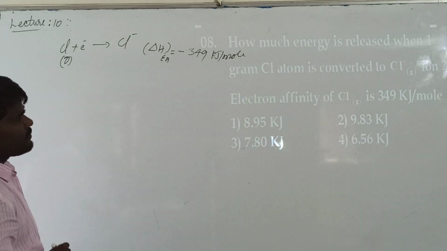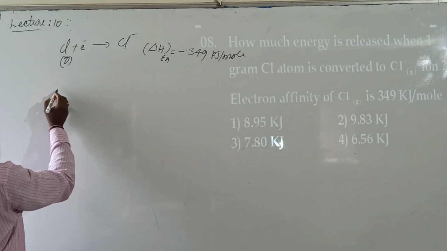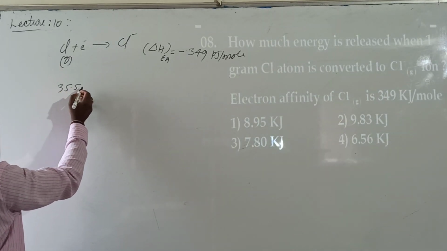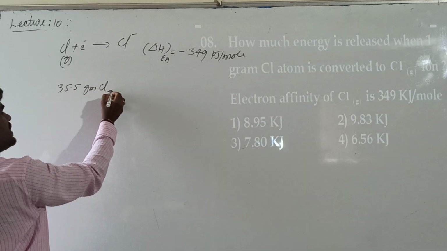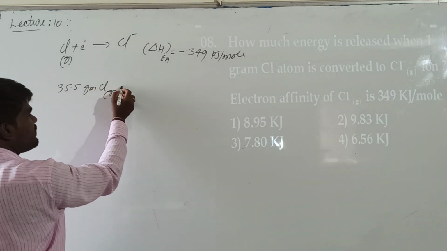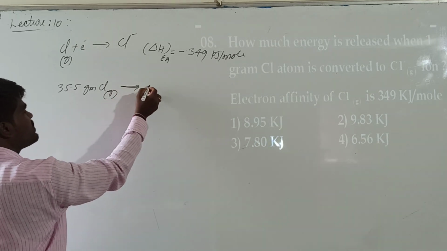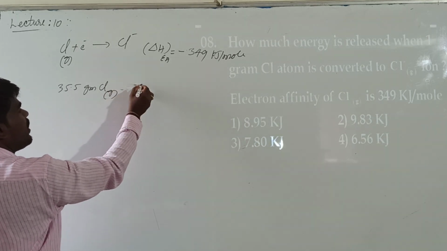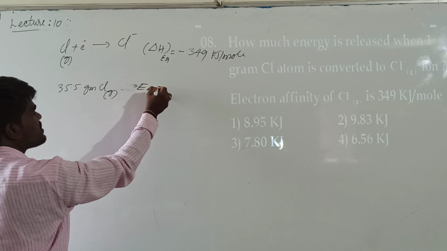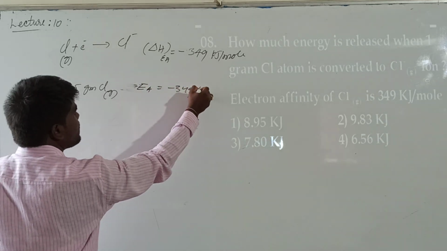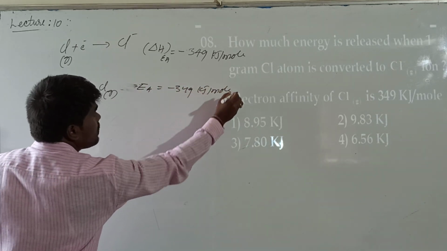What is meant by this? 1 mole means 35.5 grams of Cl gas gains 1 mole of electrons and converts into 1 mole of Cl minus. How much electron gain enthalpy is released? Minus 349 kilojoules per mole.